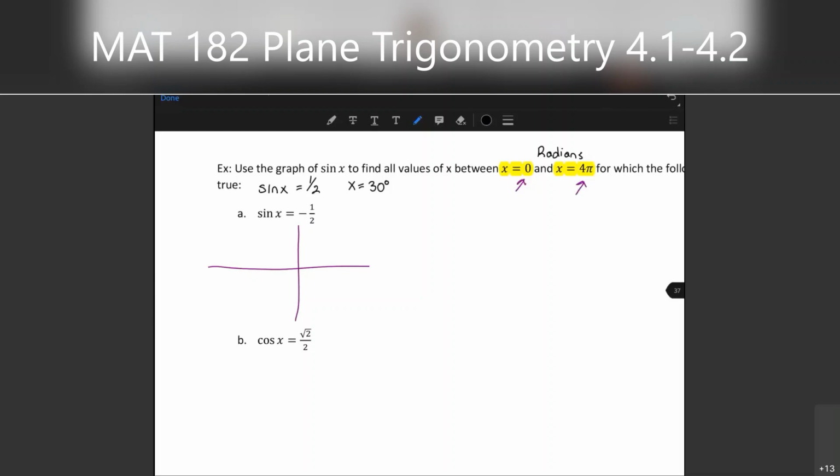So this is equivalent to pi over 6. All right, so pi over 6 is our reference for this side length.